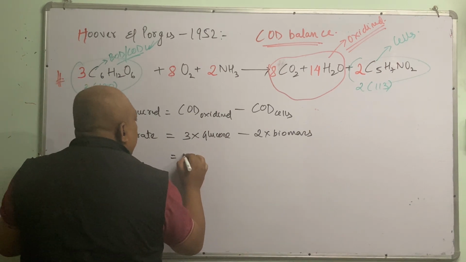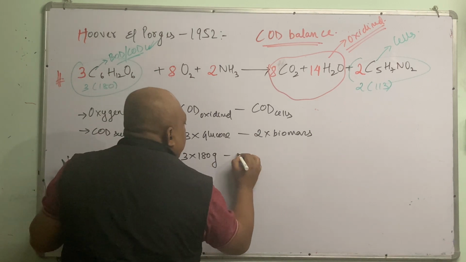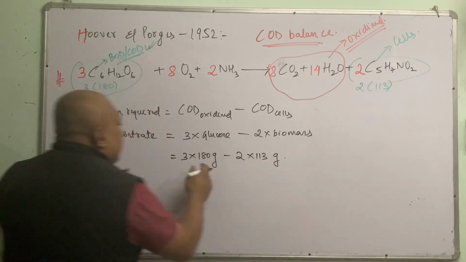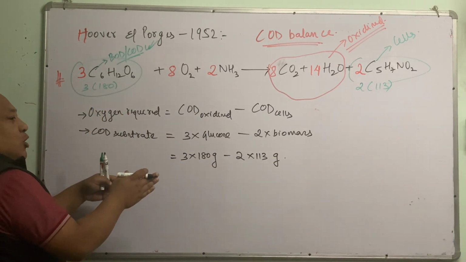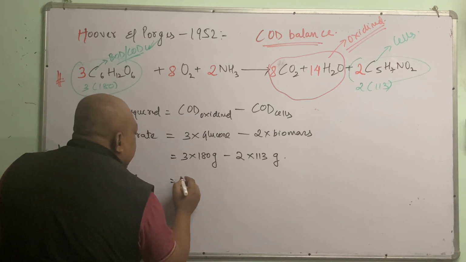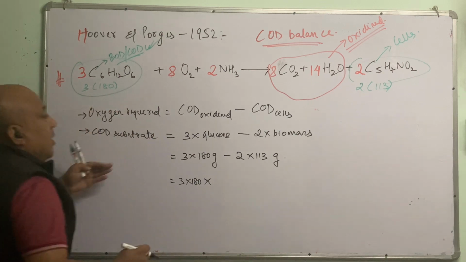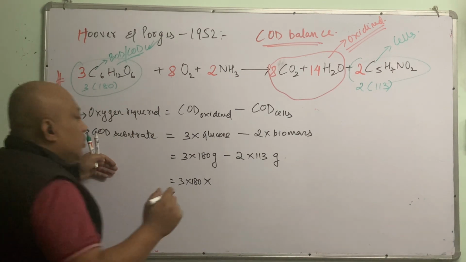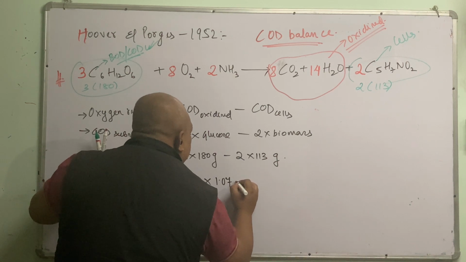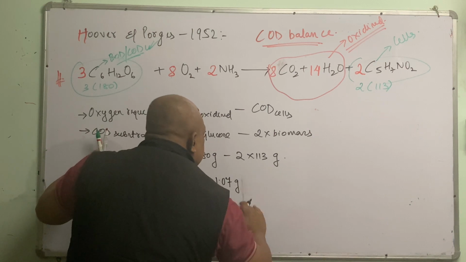Glucose we already know is 180 grams. Biomass we know is 113 grams. But let us convert both of these into their corresponding COD. Already we explained that this is 3 into 180 into 1.07 gram of COD per gram of glucose.